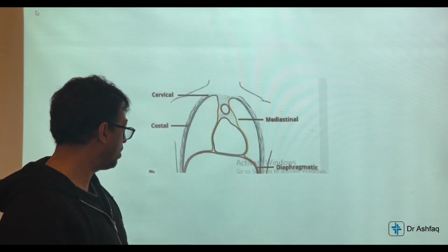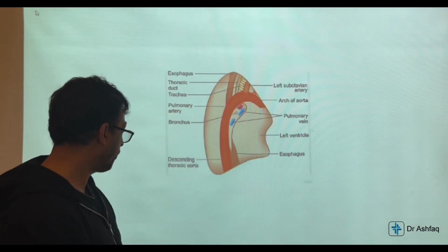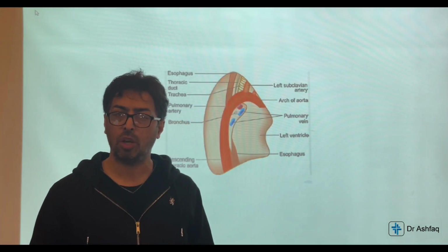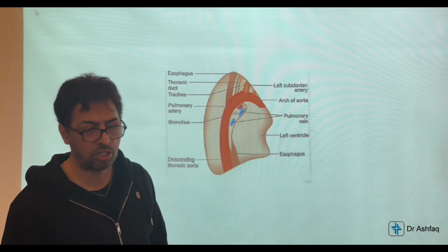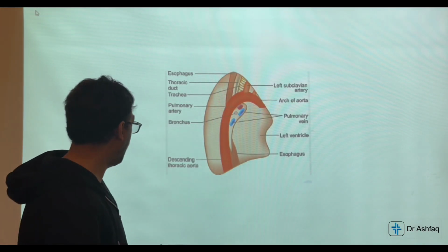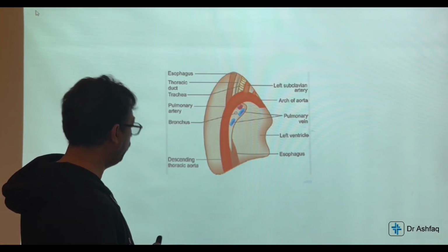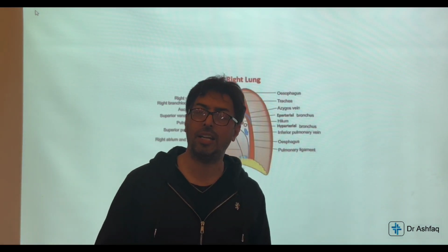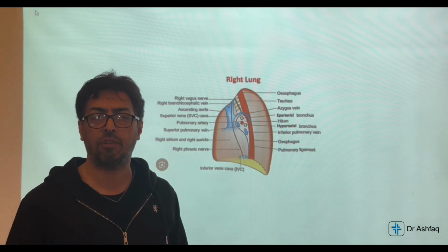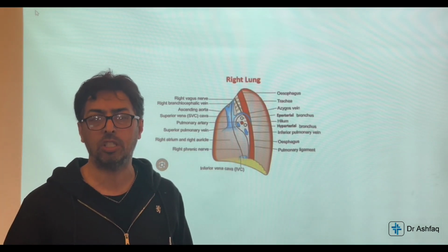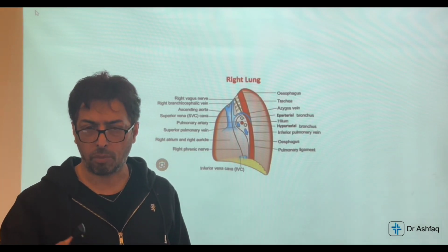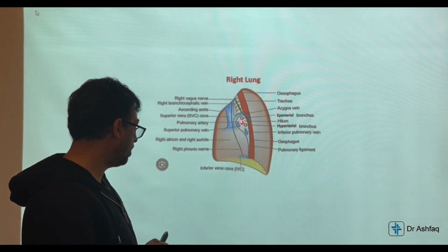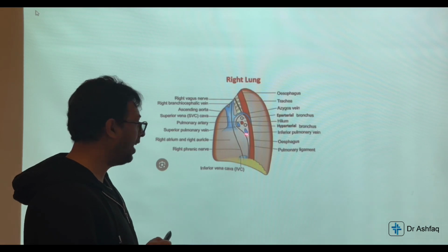Now, in addition to these, what do you have to remember? I go to one very important thing which is frequently asked in examinations: the mediastinal surface of the lung. Now we take up the right lung first. The mediastinal surface is not visible when you see the lungs from the anterior aspect. This medial surface is also broad, and over here is what we call the hilum of the lungs.